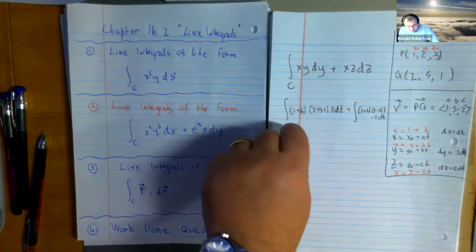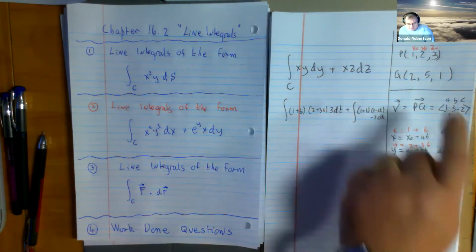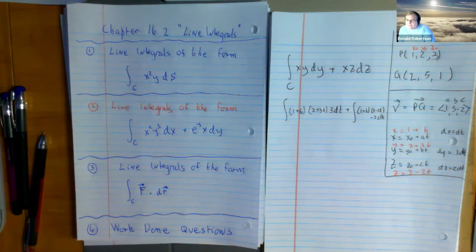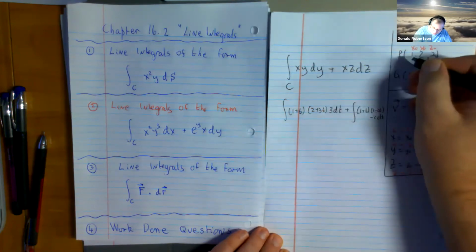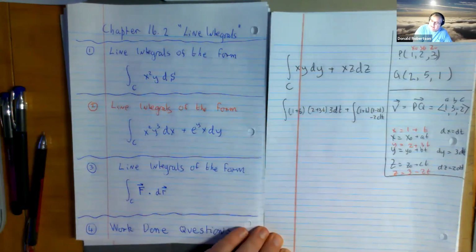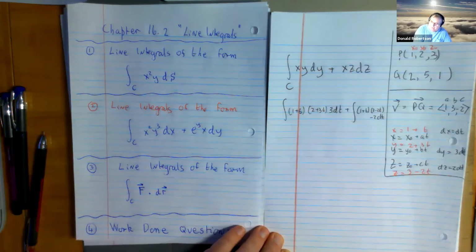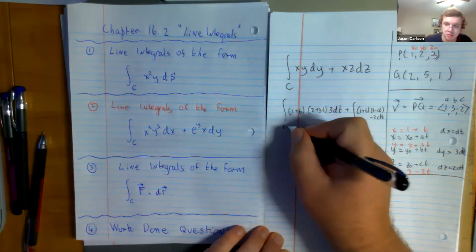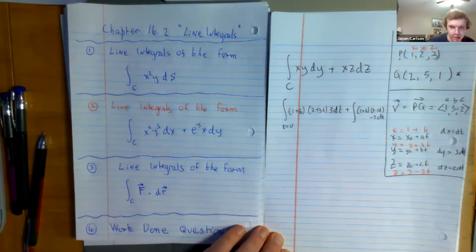Okay, I just need to know the start and finish. What values of t start and finish? What will the start value be, what will make you begin at P? What value of t gets you here? 0. Right. And what value of t gets you here? 1.